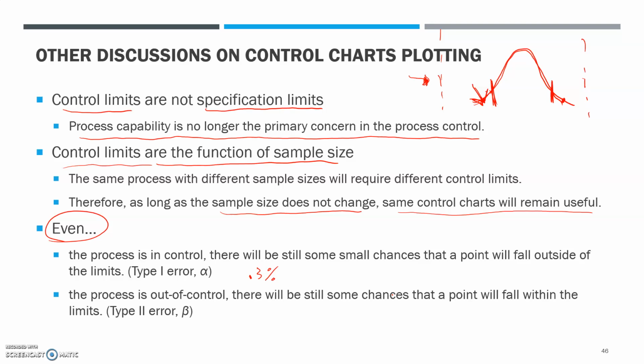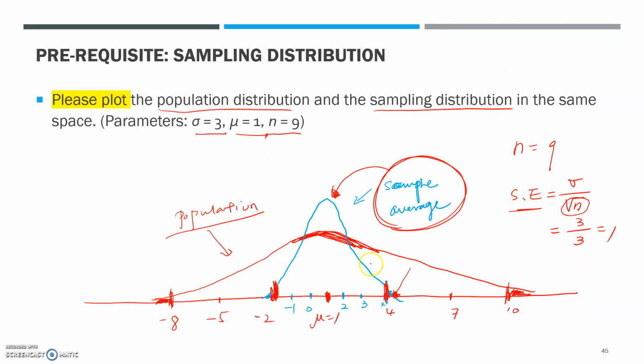And if the process is out of control, there is still some chance that a point will fall within the limit. That means even if some of your observations fall within your control limit, the process could still be out of control.